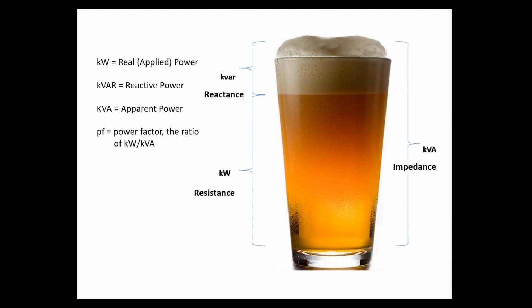That foam on top just takes up space. Doesn't really do anything for you unless you like the taste of foam, and I don't know of anybody that does. It just makes it look neat, but it's otherwise useless. It does do something even more useless: it creates more losses. Then there's this apparent power. That's the total of the whole thing.